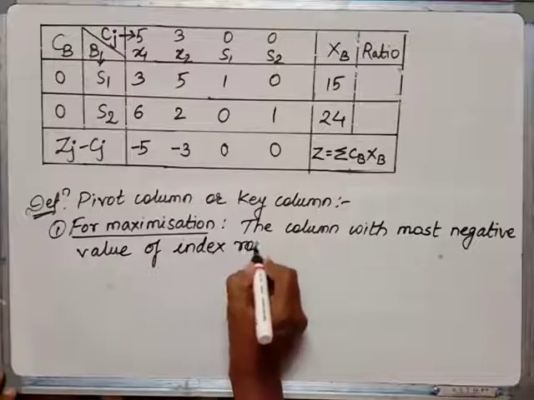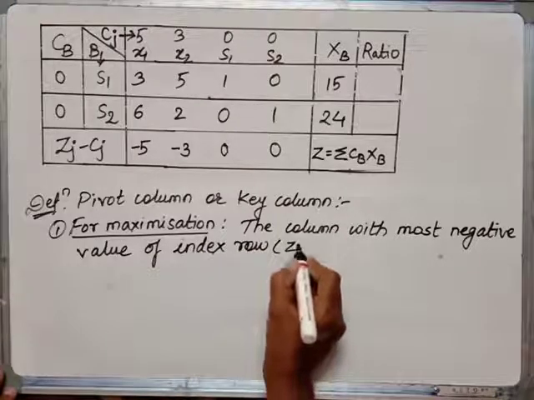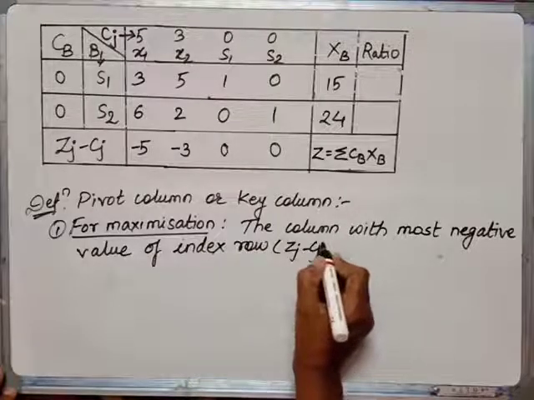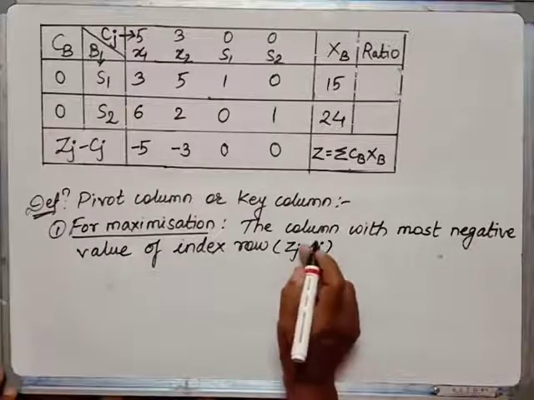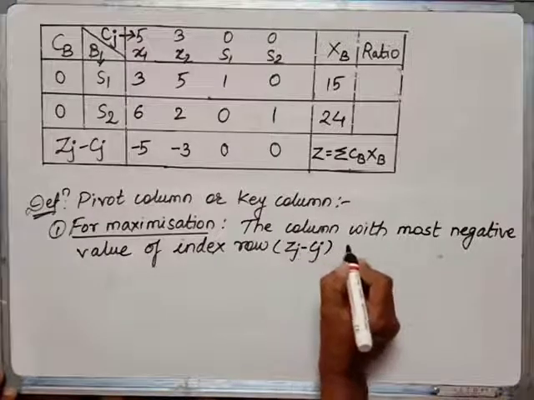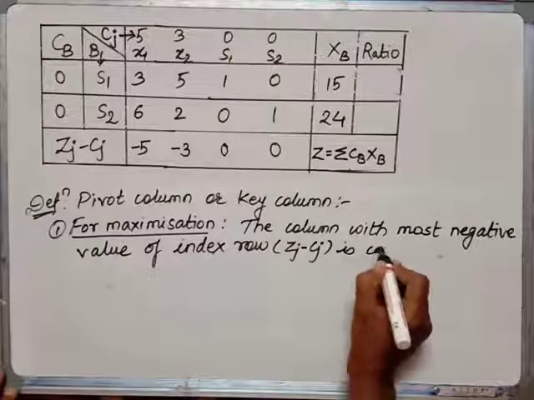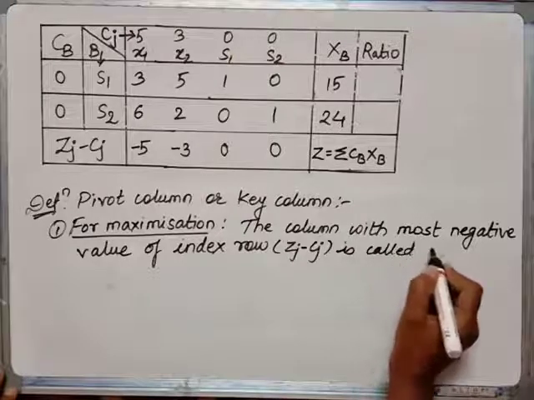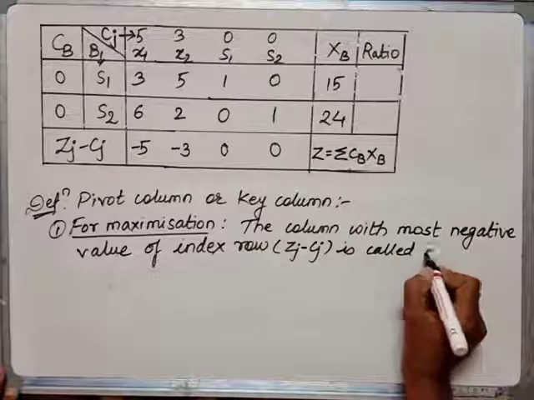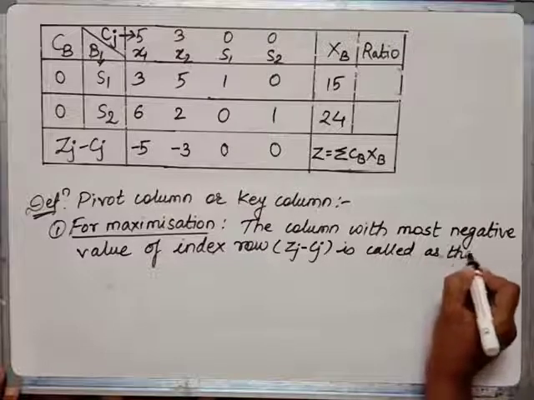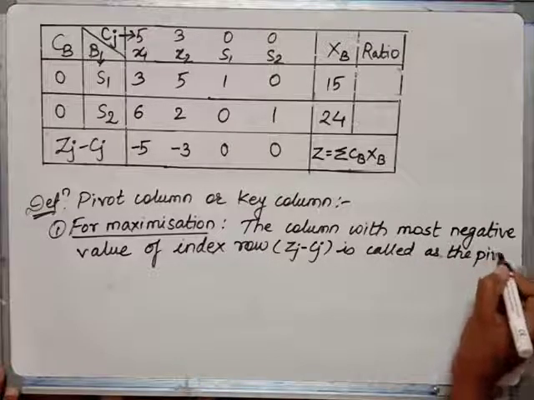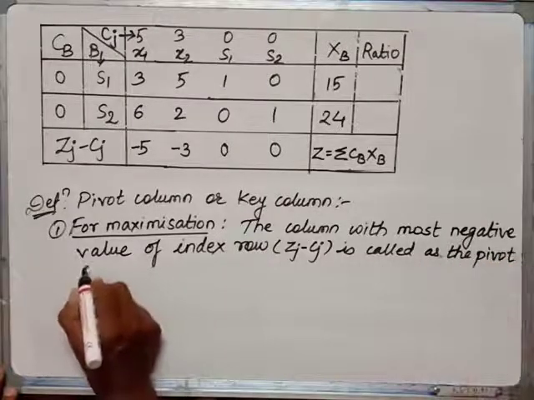Most negative value of index row means what? Zj minus Cj is called as the pivot column.